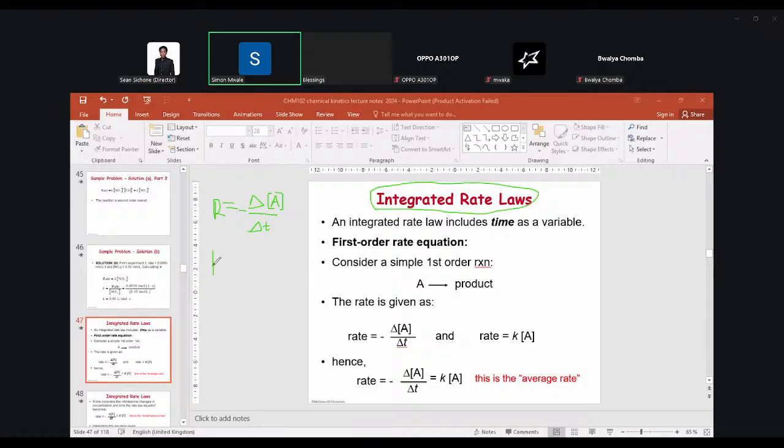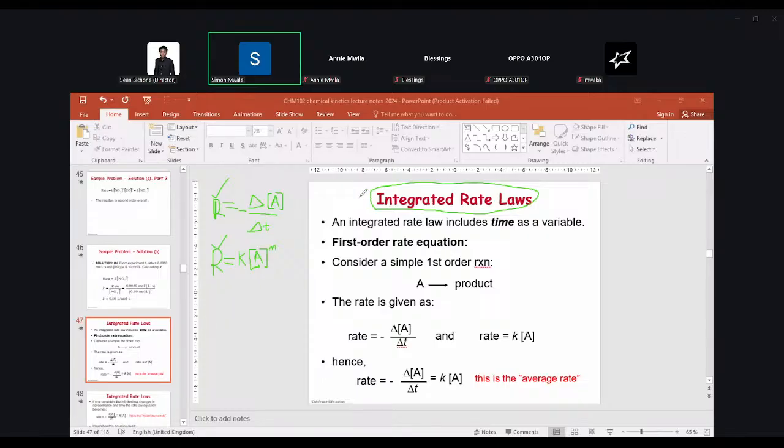Then we have also learned the rate law, that rate can also be given by k times the concentration of the reactant, raised to some power, which we are going to call m. So we've looked at two ways in which to calculate the rate of a reaction.